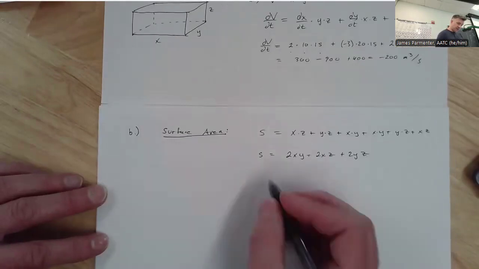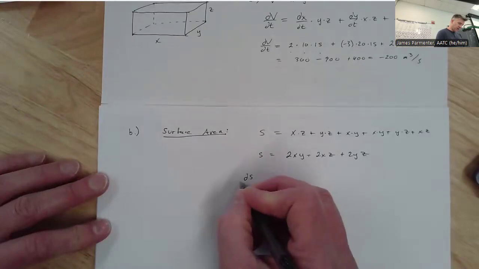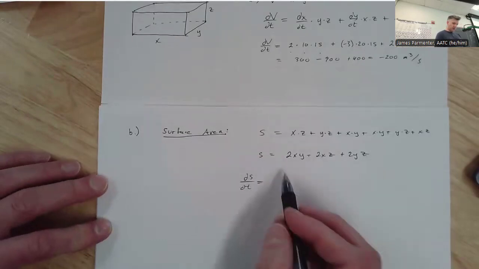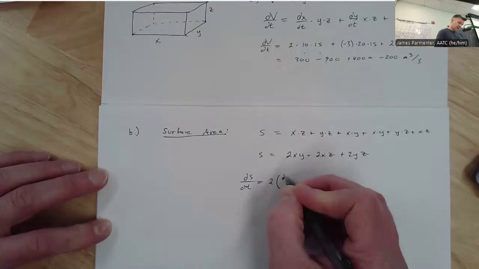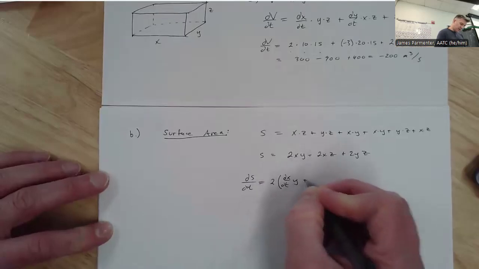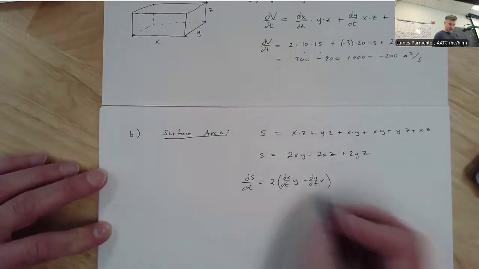And then differentiating both sides, same sort of deal. Got the regular product rule this time. So we take the derivative of 2xy, we're going to get 2 times dx/dt times y plus dy/dt times x. And then the same deal for the next one.